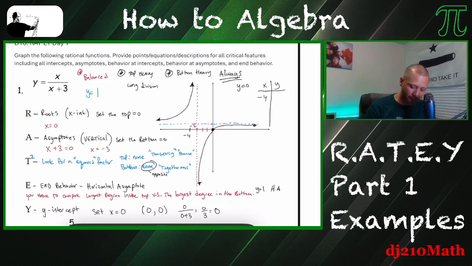If x is equal to -4, when I plug -4 into the function, I'm going to get -4 over -4 plus 3, which is basically negative 4 over negative 1, which is going to be a positive 4. So when x is negative 4, y is going to be positive 4. So 1, 2, 3, 4.